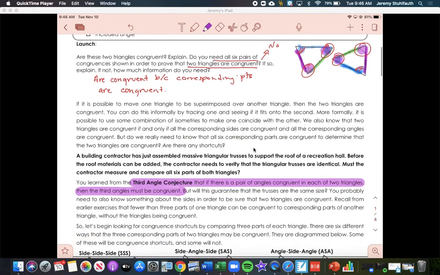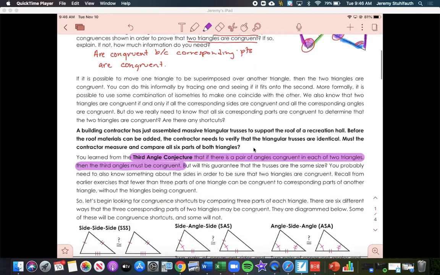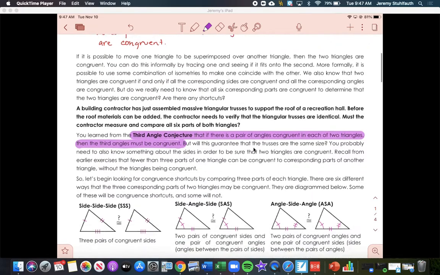Now, does that guarantee that the two triangles are the same? Meaning, if we only know that the corresponding angles are congruent, does that guarantee that the trusses or the triangles would be the same size? The answer is probably not. We probably need to know something about the sides of the triangles in order to say that they are congruent.